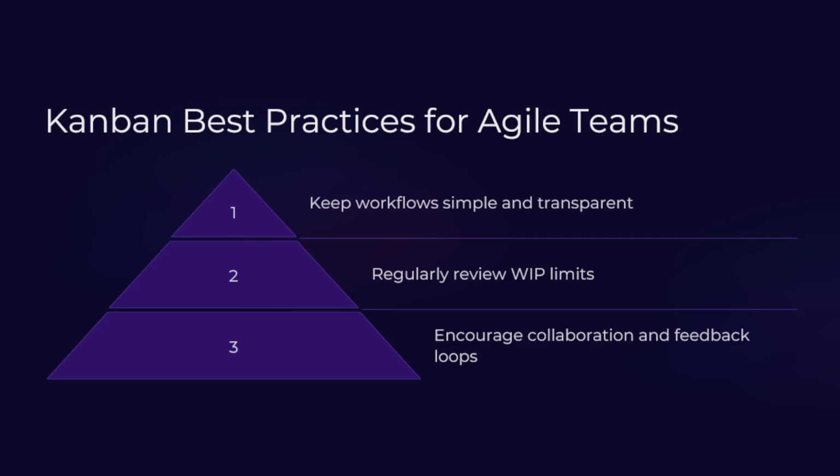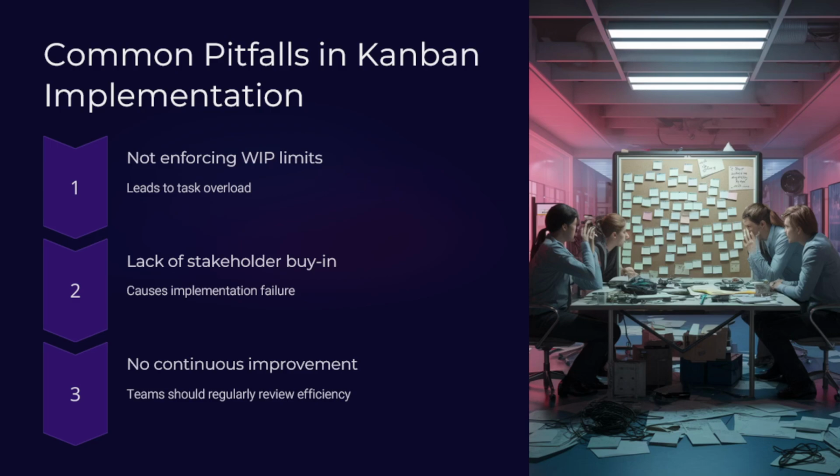These are some of the common pitfalls that you might face when implementing Kanban. Mistakes teams can make when adopting Kanban include ignoring the work in progress limit, which leads to task overload, having many tasks ongoing. We'll see it more in depth when it comes to controlling the work in progress, and what the impact would be of ignoring the work in progress limit.